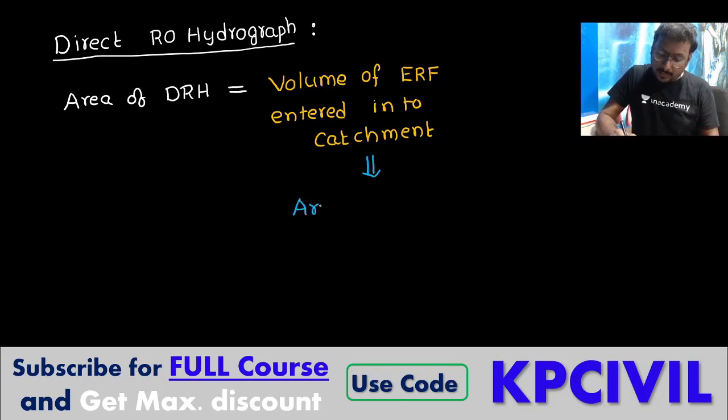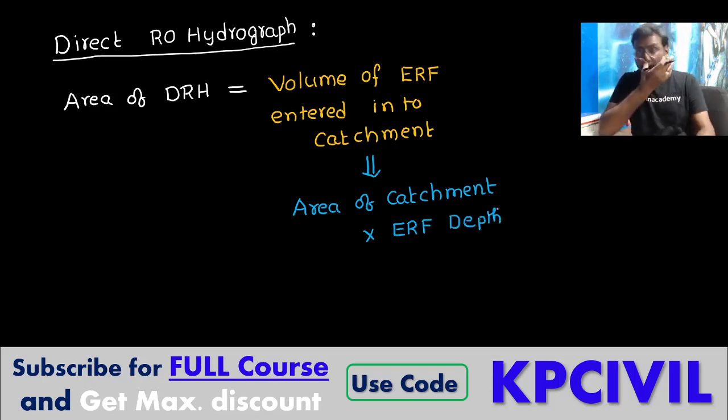What is the other formula we can express here? Area of catchment into effective rainfall depth. We'll write this down now.